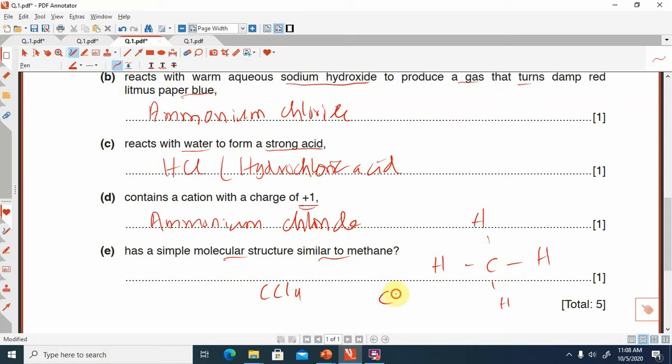Look here, carbon at the center and these 4 chlorine are here. So carbon tetrachloride has quite a similar structure to methane, so the answer will be carbon tetrachloride.